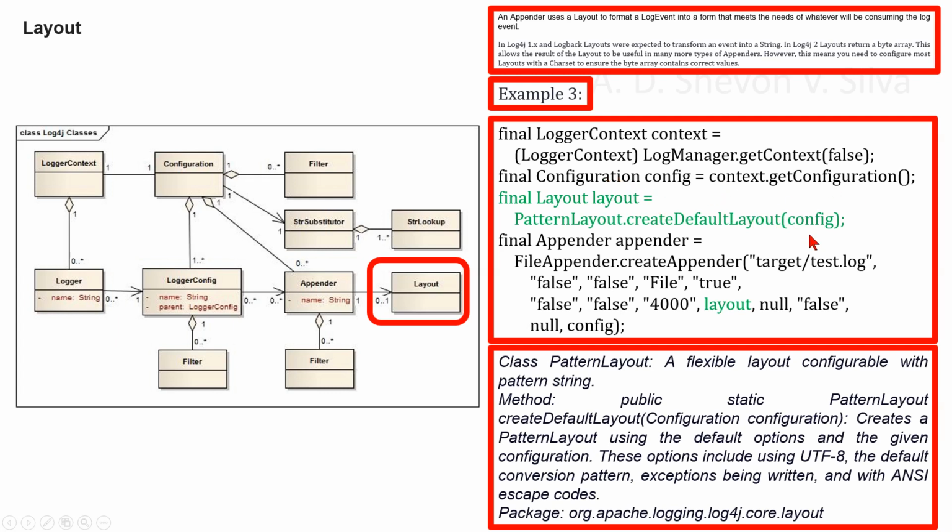These options include UTF-8, the default conversion pattern, exceptions being written and with ANSI escape codes. This class is in the package org.apache.logging.log4j.core.layout, and here the layout is passed to the method createAppender here.